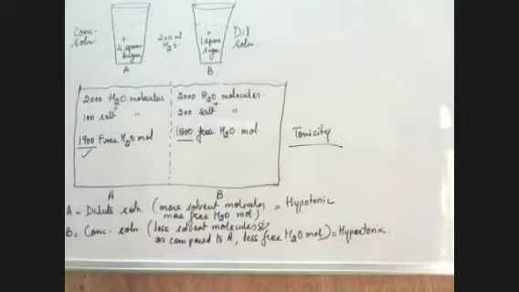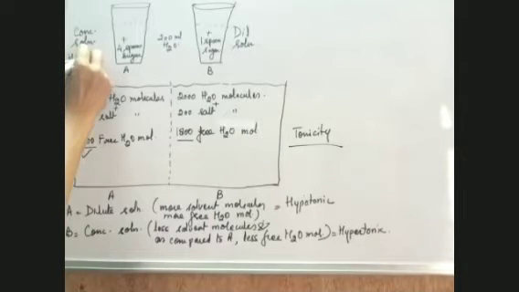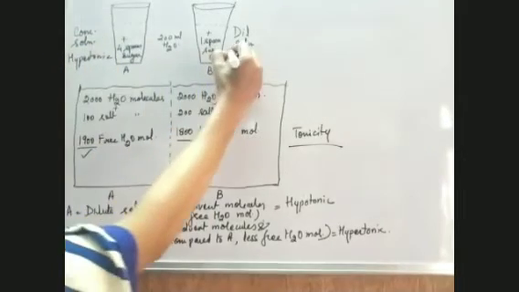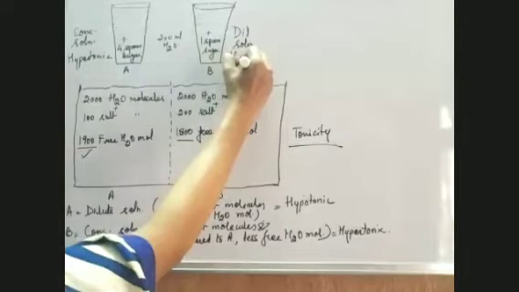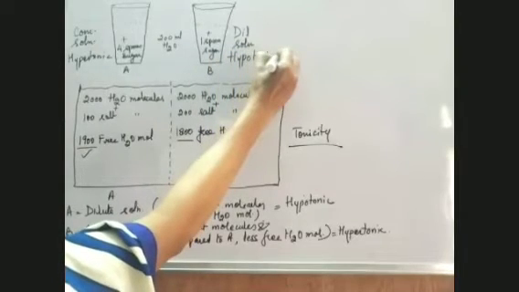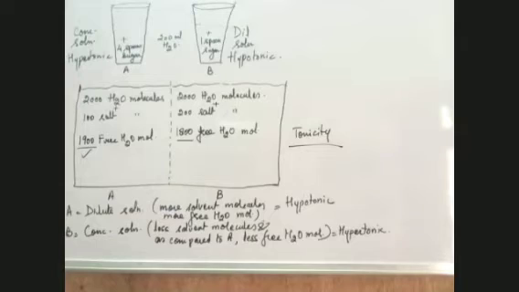On the basis of tonicity, we will say that this solution is hypertonic and this solution is hypotonic. So this is the difference between hypertonic and hypotonic. Why am I telling you this? Because it has a lot of work to do when I describe what osmosis is.